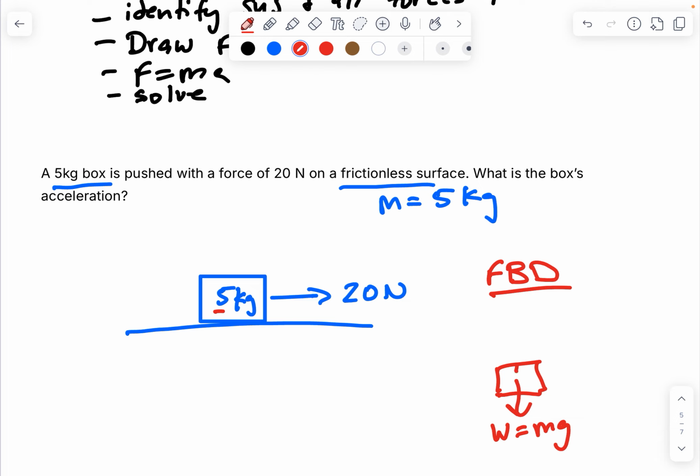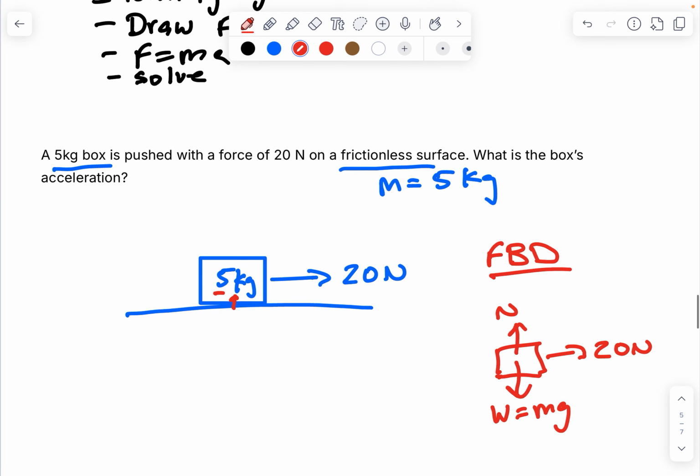We have our normal force, the ground pushing up onto the box. And then we have the 20 newtons of force, right? And notice how we don't have anything to the left. So clearly from this free body diagram, we can see the box will be moving towards the right.